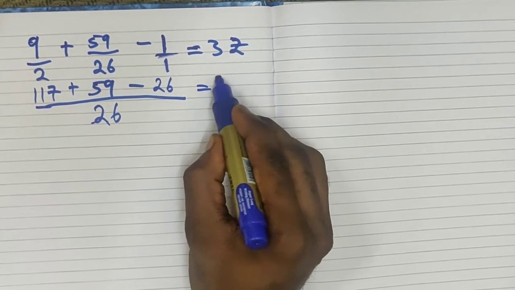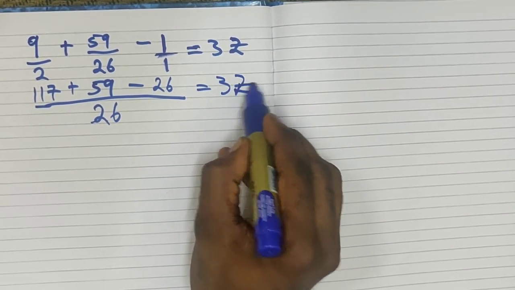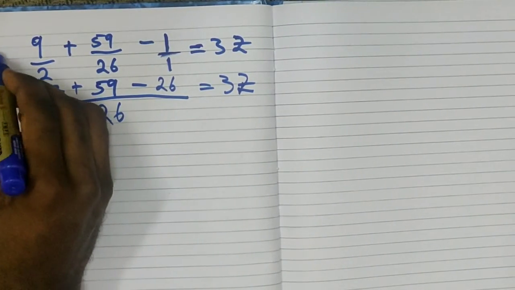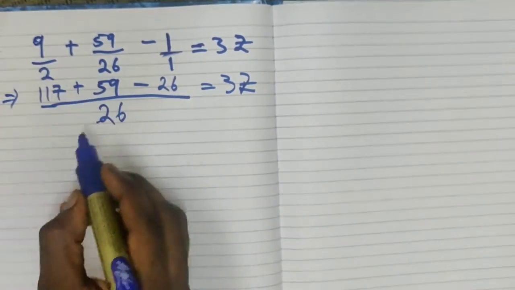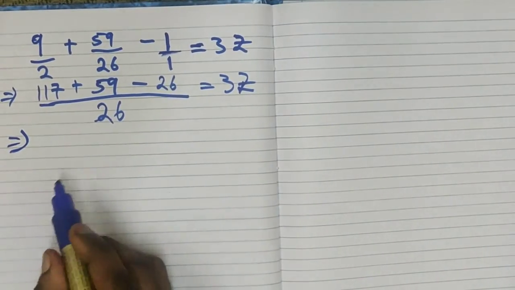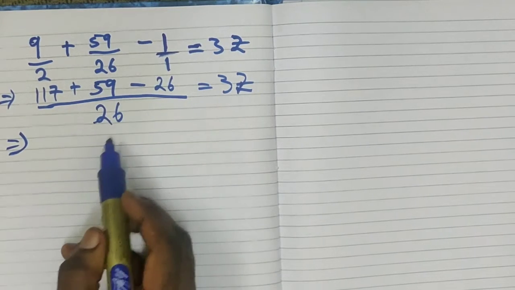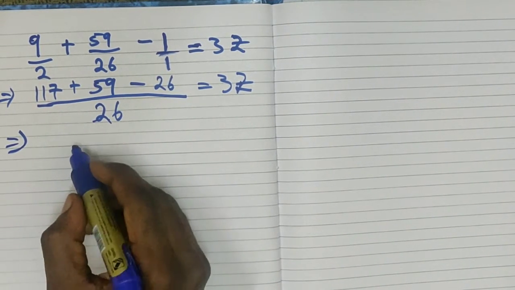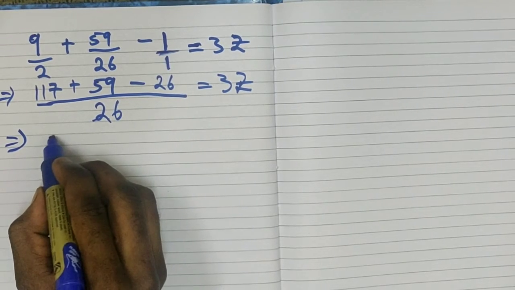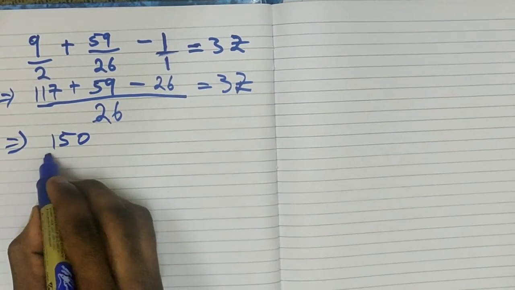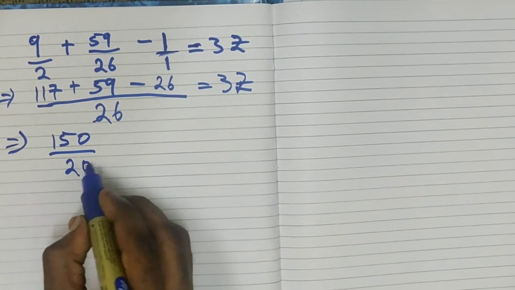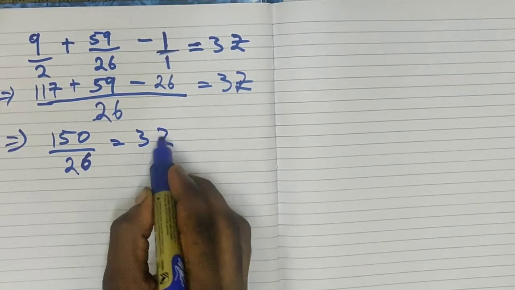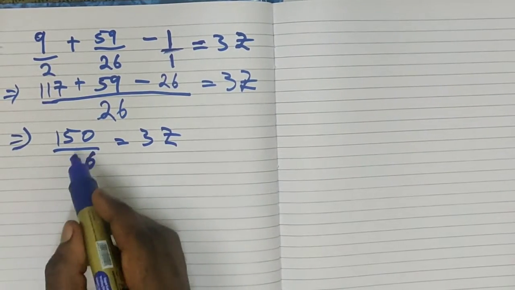This is equals to 3z. So this plus this minus this is going to give us 150 on 26 plus 2z. But we can simplify this.